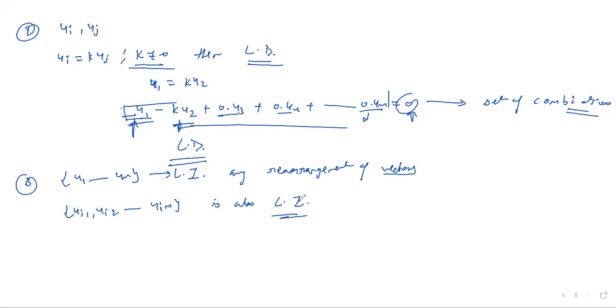This is another result. It doesn't matter how the vectors are rearranged; if the set is linearly independent, then we can arrange them in any way and they will remain linearly independent.